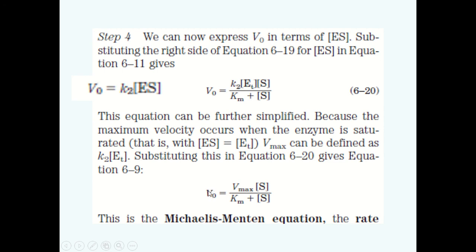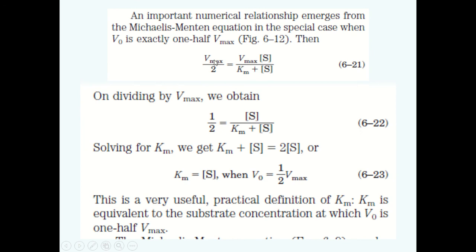So we substitute this value here: if the velocity of the enzyme is equal to half of Vmax, we put this value instead of V naught. When we simplify this by dividing both sides by Vmax, we get half equals S over Km plus S.